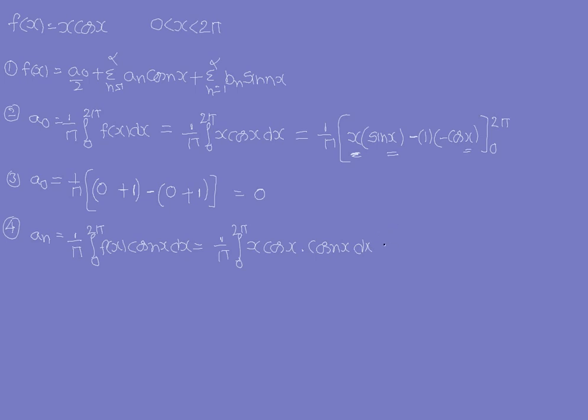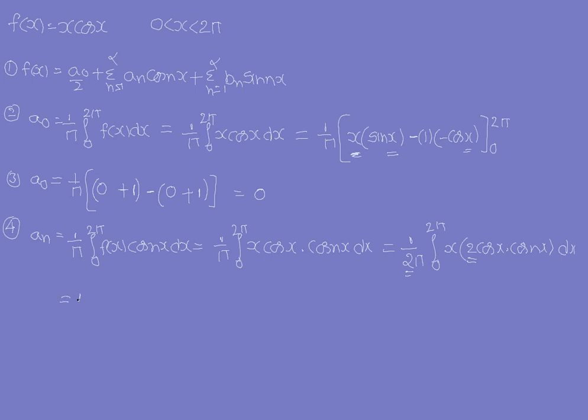This you can rewrite as 1 by 2 pi integral 0 to 2 pi x into 2 cos x cos nx dx. I have multiplied with 2 and divided with 2 for our convenience.